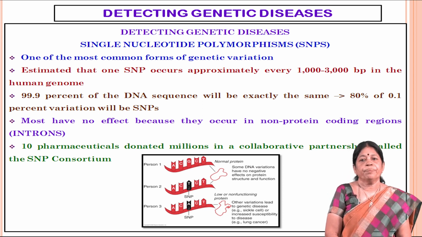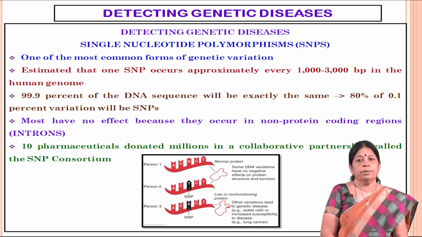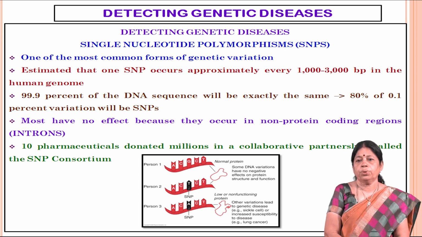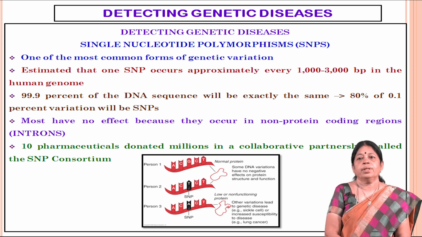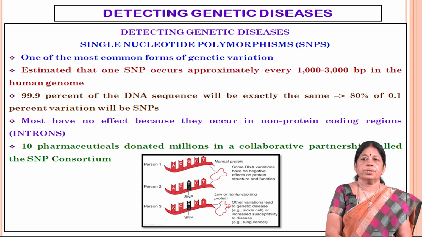What is an intron? Every gene has nucleotides which are responsible for the production of a protein, but very few genes have nucleotides that are not at all coding for the protein. So these are called single nucleotide polymorphisms.